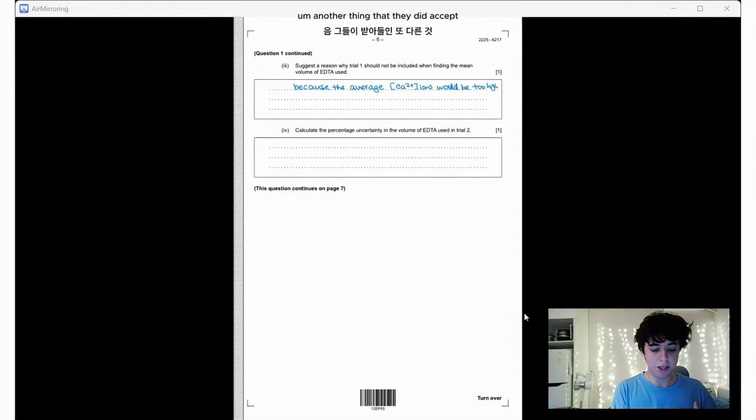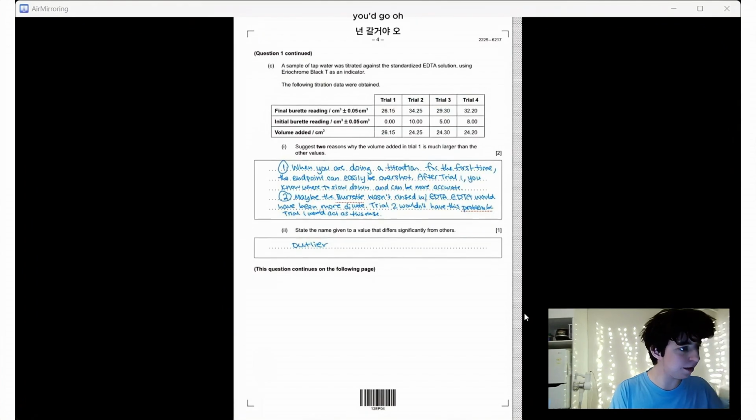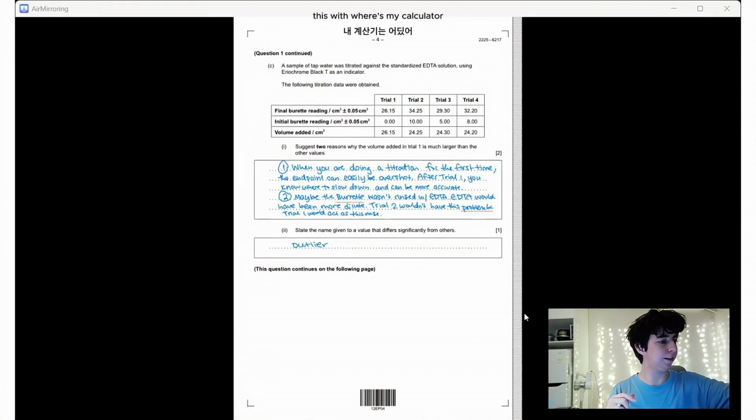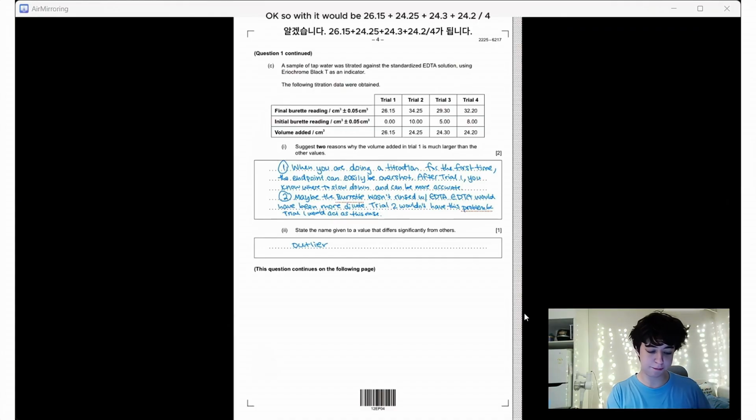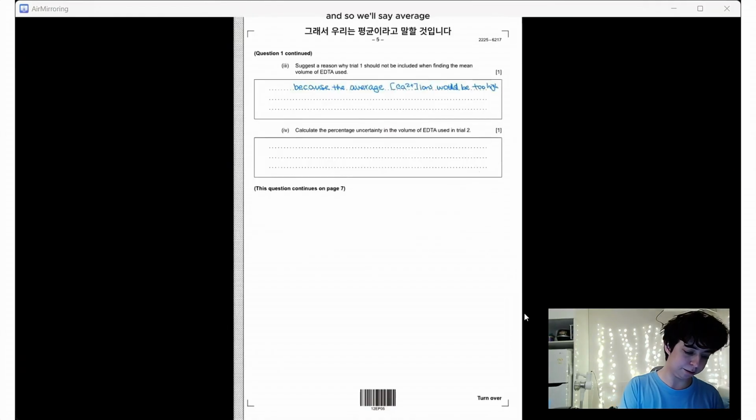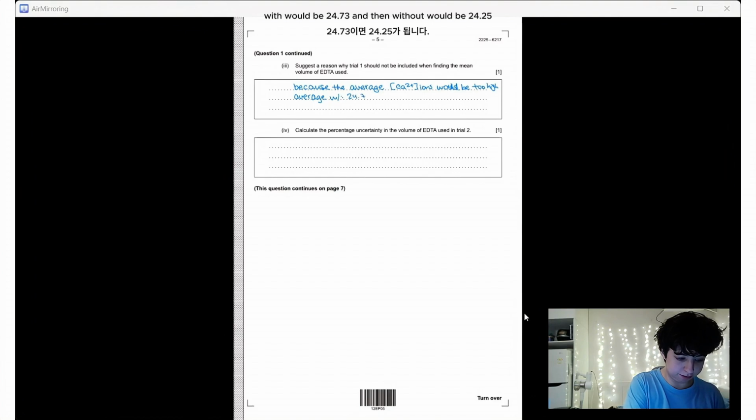Another thing that they did accept was simply calculating the average with and without to show that the average would be too high. So in this case, with trial 1, it would be 26.15 plus 24.25 plus 24.3 plus 24.2, divided by 4, and the average with would be 24.73.